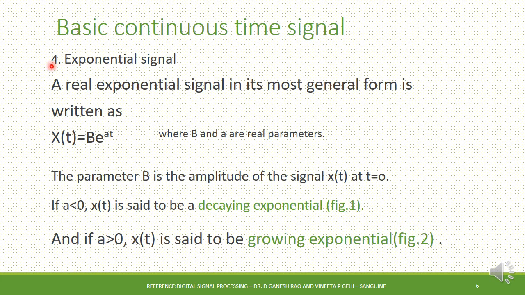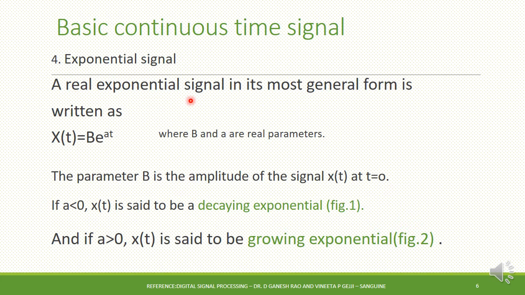First one is the exponential signal. All of you know the exponential form. Usually, if you have written e to the power of something, then it is called exponential. So here also, if we write the signal using e to the power of something, then it is called an exponential function.